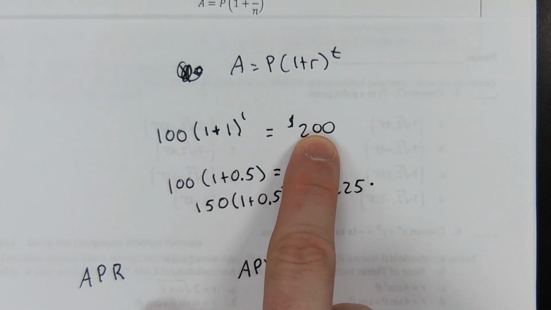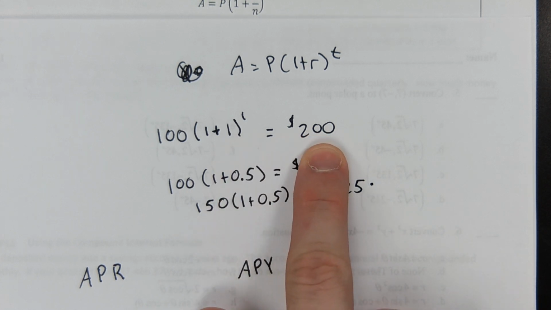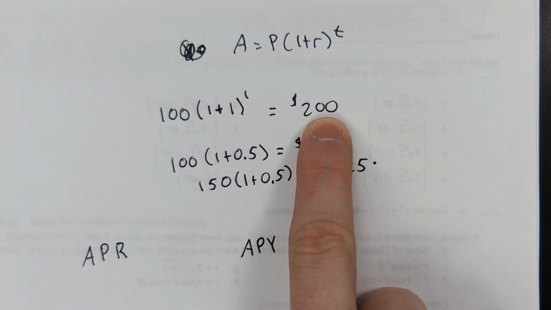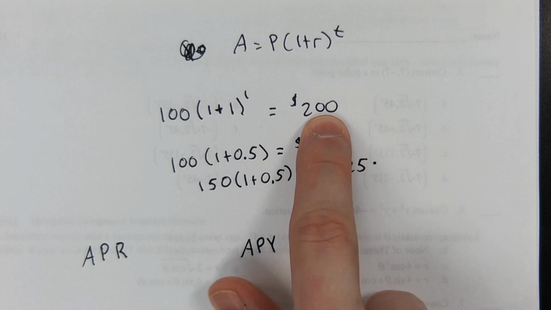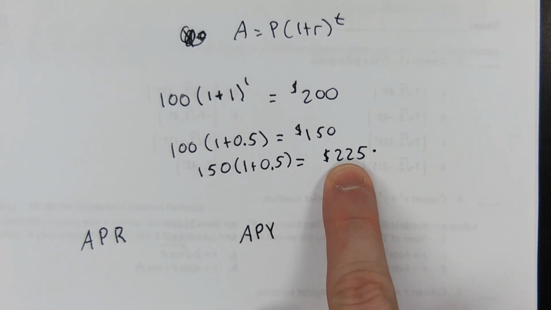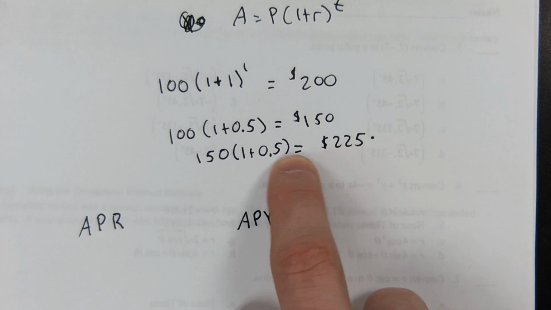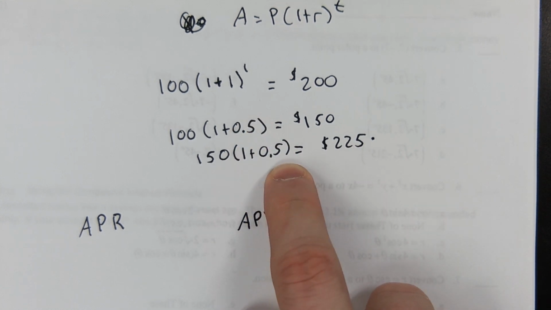In that 1 year, your annual percentage rate was 100%. The yield was also 100%. The reason why was because if you took the new and divided by the original, you get 2. So you clearly doubled your money, which is a 100% rate, and it's a 100% yield. But here, at the end of that year with the 2 compounds, you say your rate was still 100% because the 0.5 plus the 0.5 is 1.